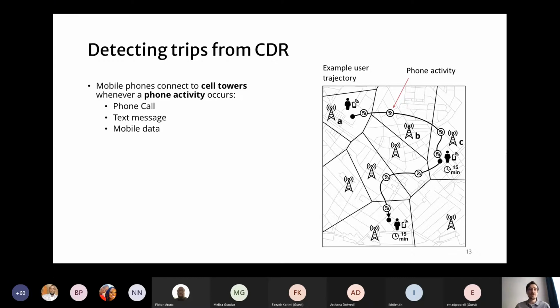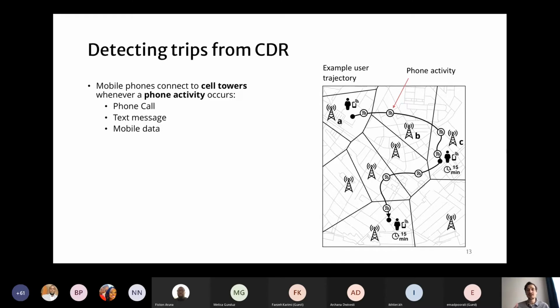This can be, for example, a phone call or a text message, which used to be the two predominant signals, but more and more mobile data signals have increased the resolution of this data a lot.